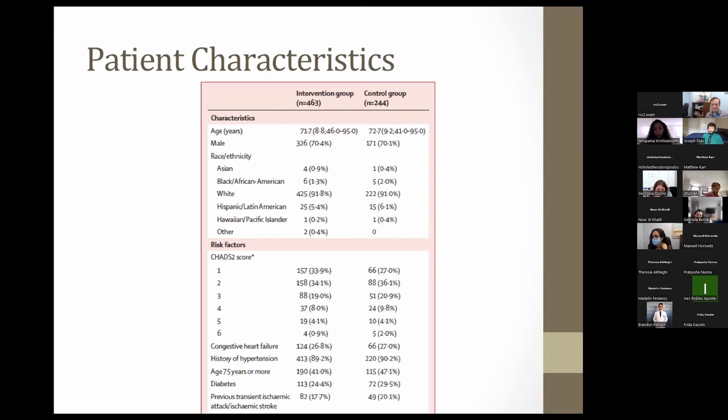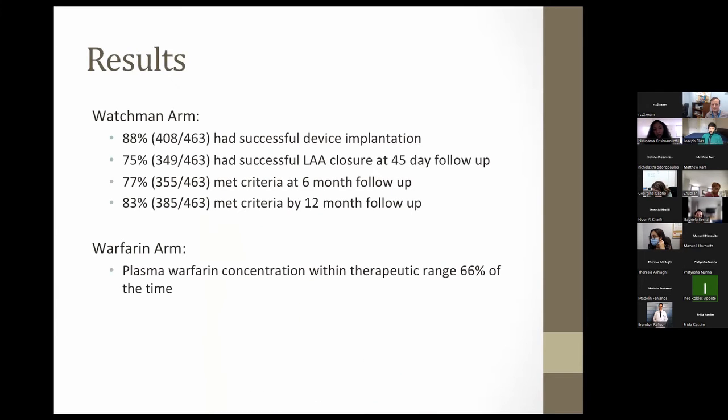Yeah. All right. So coming to the results. Like I said, 88% of the patients that were randomized to the device implantation actually received the device. And at 45 days, only 349 patients had successful closure and were weaned off of the warfarin.